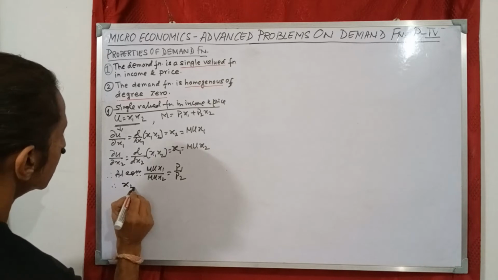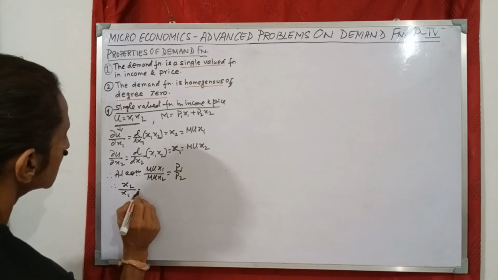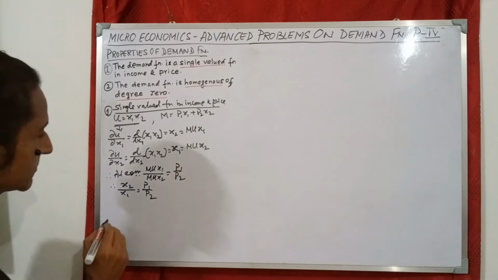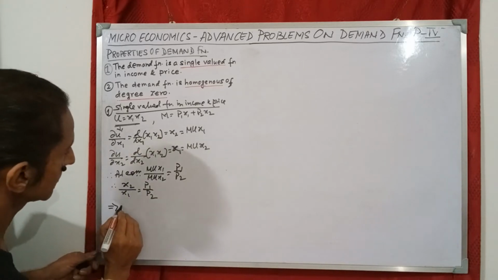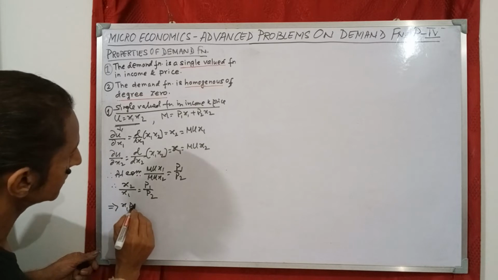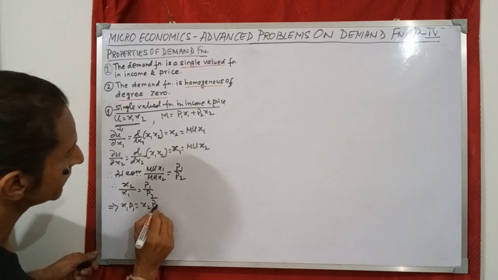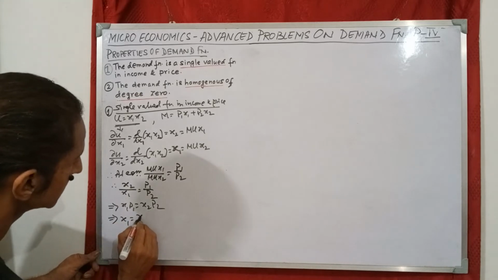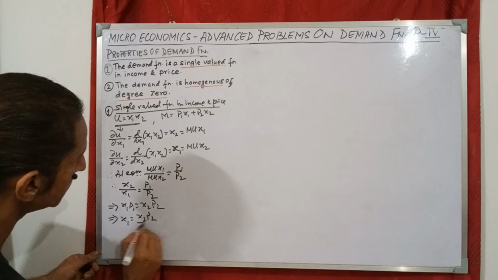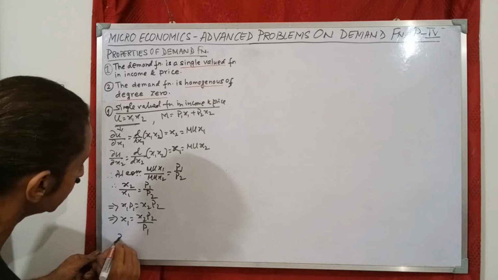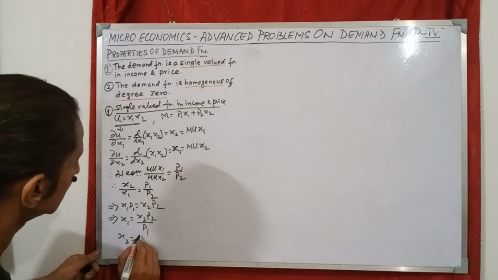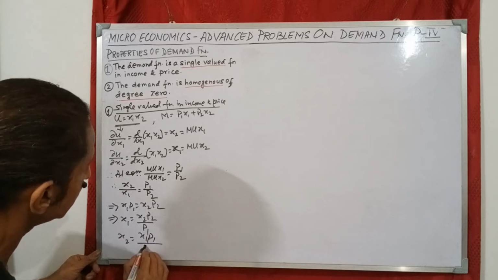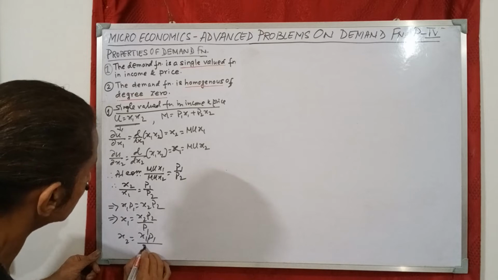Therefore, x2 by x1 equals p1 by p2. This means x1 p1 equals x2 p2. This means x1 equals x2 p2 by p1 and x2 equals x1 p1 divided by p2.